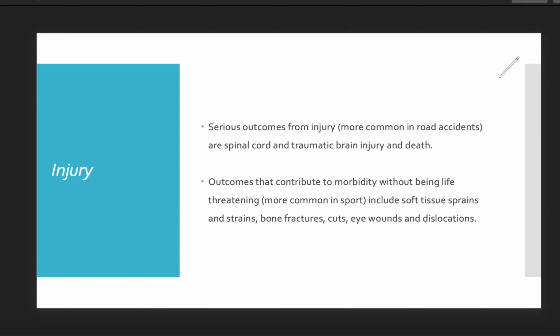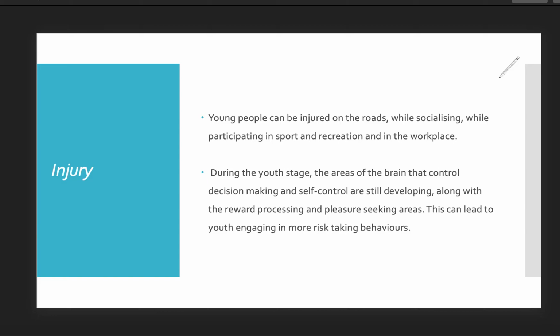Then there are outcomes that contribute to morbidity without being life threatening, more common in sports: soft tissue sprains and strains of muscles, ligaments and tendons. Also broken bones or fractures, cuts, eye wounds, and dislocations within joints. Those are not major causes of life changing outcomes and are just short-term injuries, but they are still within that injury category and relate to the statistics.